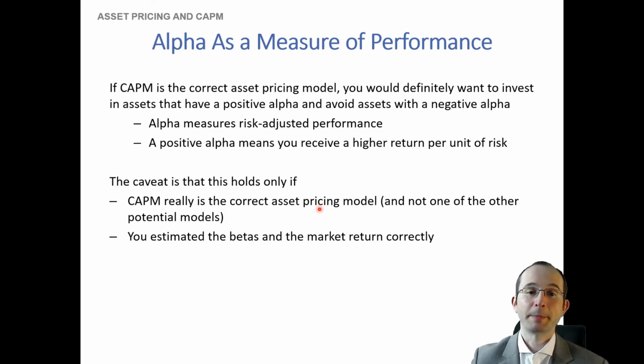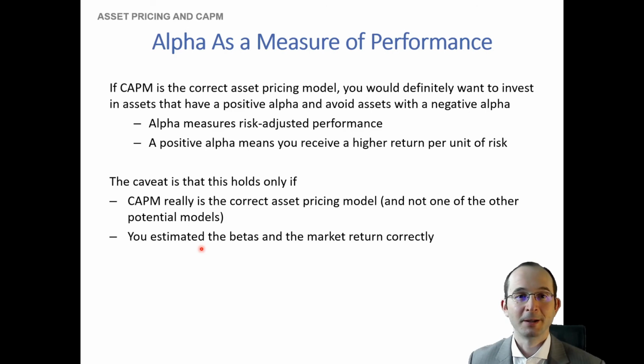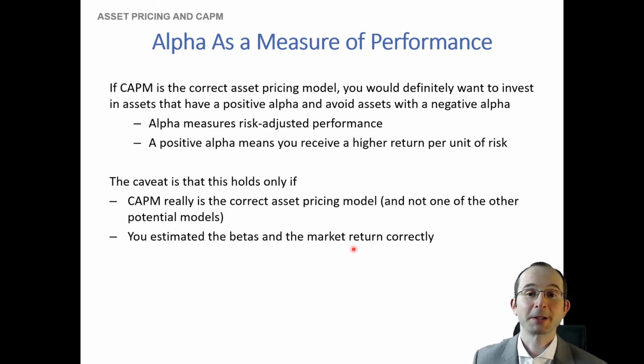And the other, more pedestrian caveat for the CAPM is simply that even if it's the right model and your risky asset really is only exposed to market risk, you might still not estimate your asset beta and expected market return correctly.